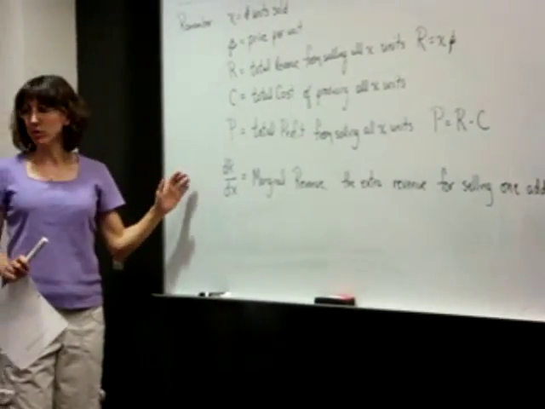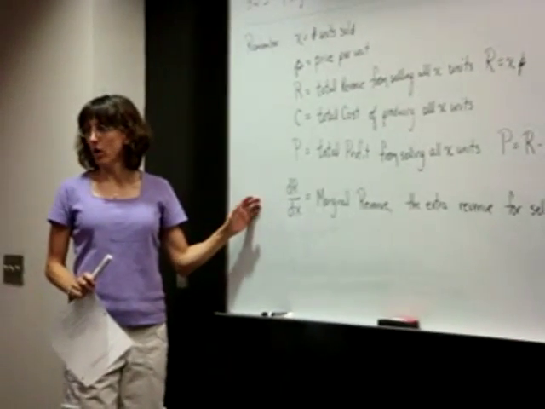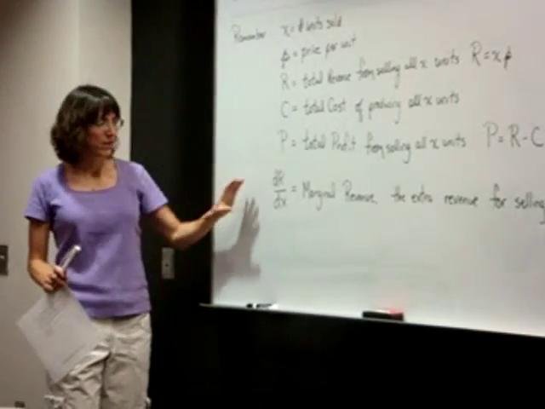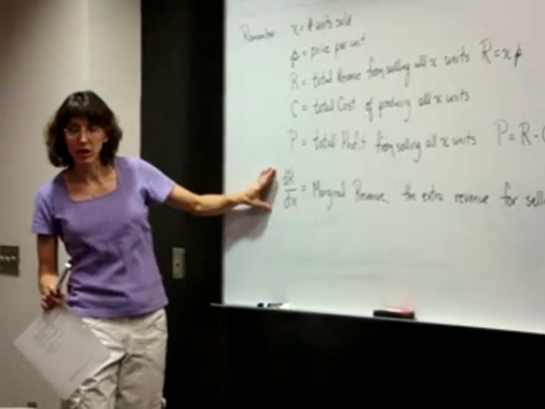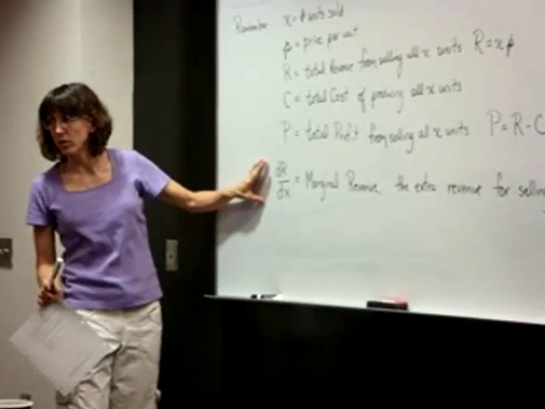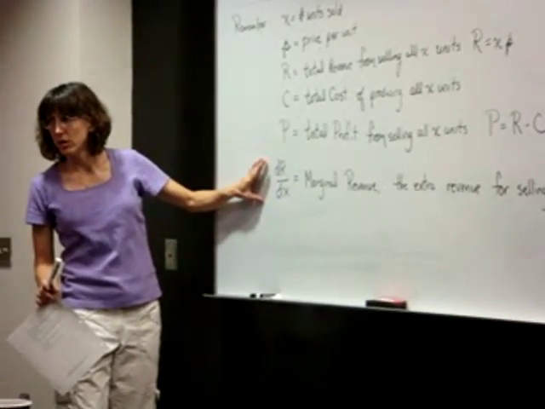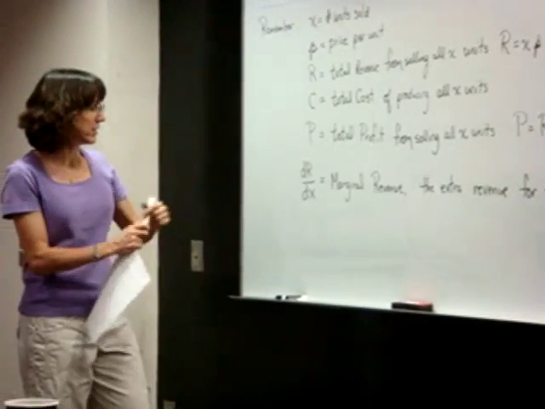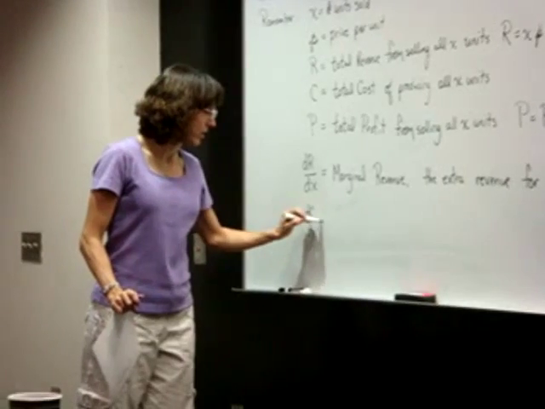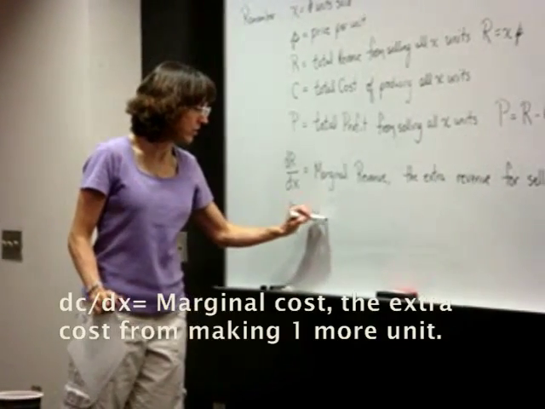You do this in economics a lot, because the concepts are related. So this is the bit that you have to know: the derivative of revenue is marginal revenue. With that in mind, the derivative of cost is marginal cost.